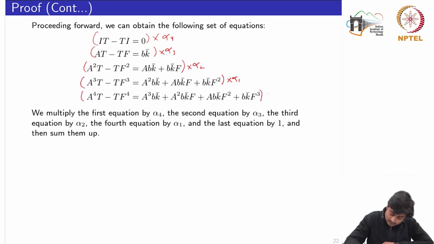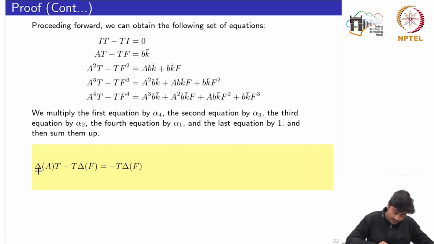Okay, or by 1 or by I. Okay, and we will sum them up. So you would notice that T matrix we can take common, and the rest of the elements in the bracket would be alpha 4 plus A times alpha 3 plus A square alpha 2, A cube alpha 1, and A 4.